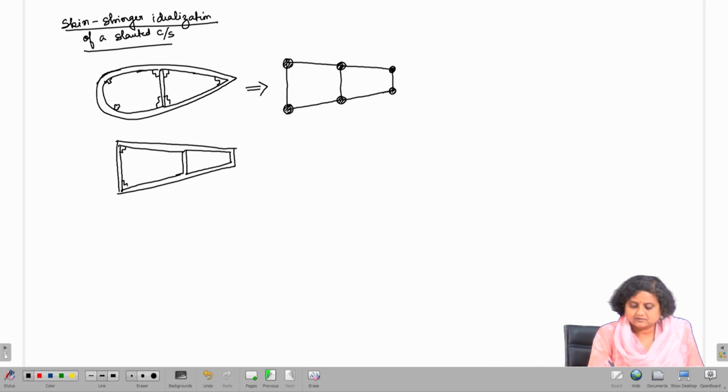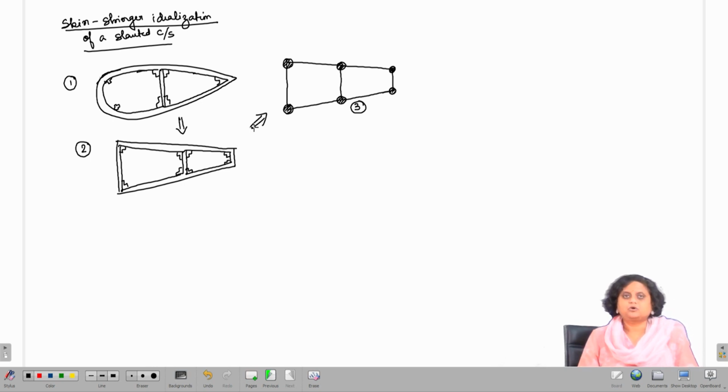So, this is the actual, then the intermediate approximation would be this, and this would be the final skin stringer idealization. So, from here we will move on to here, and from here we will move on to here.